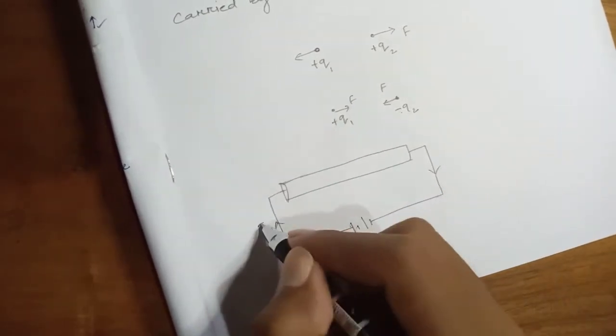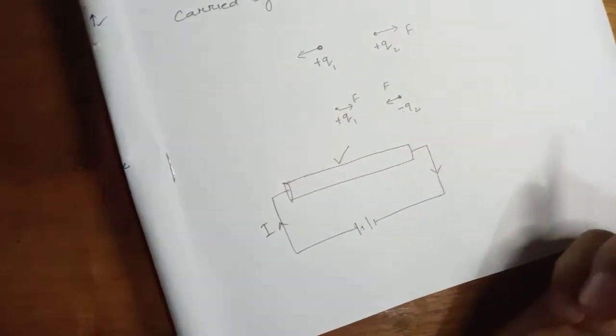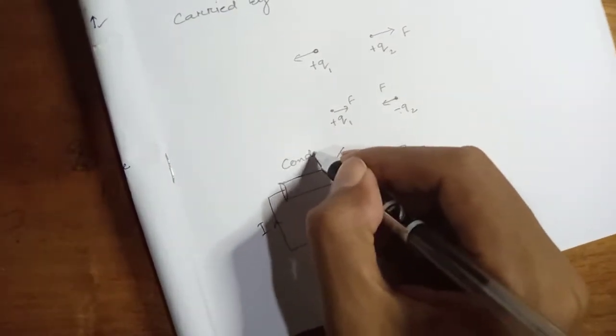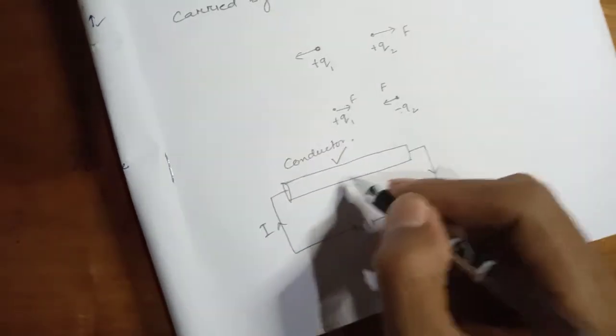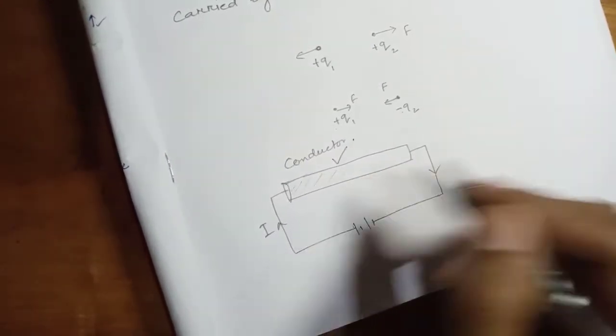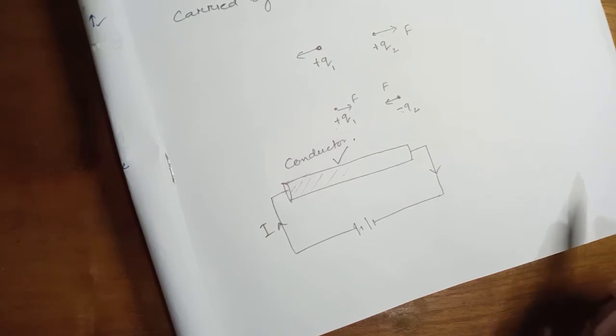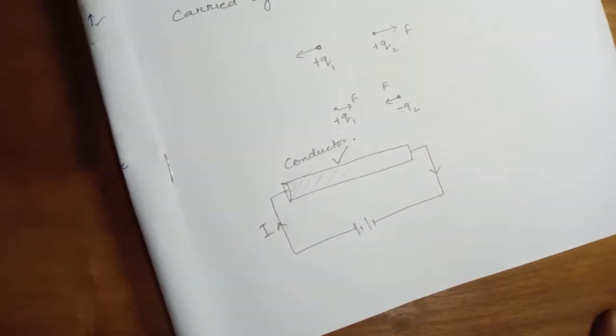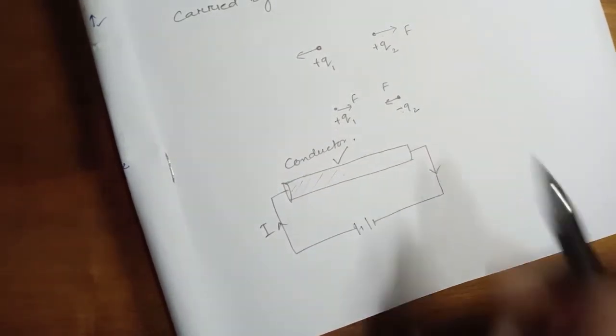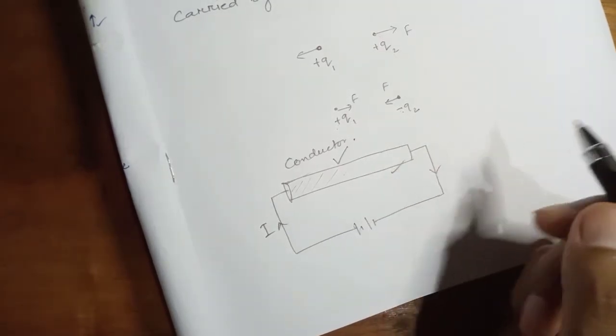Then this is called a conductor. If this is not a conductor, then current will not flow. That means in the case of an insulator, current will not flow, but in the case of a conductor, current flows through the object.